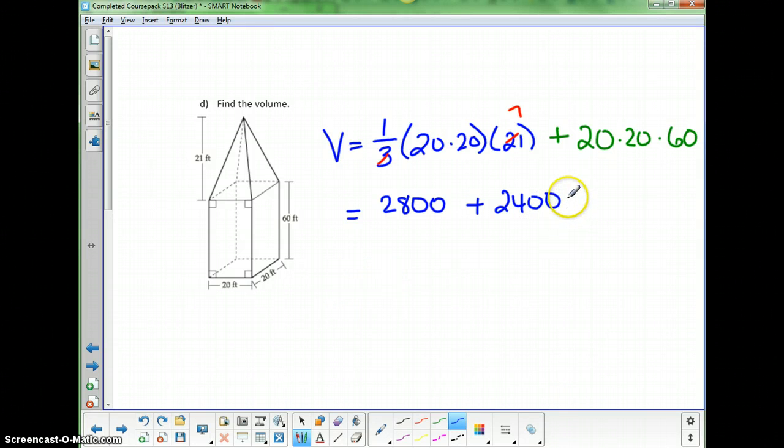Oops, I'm 60, not 6. So that should be 24,000. And add those up. We get 26,800 cubic feet.